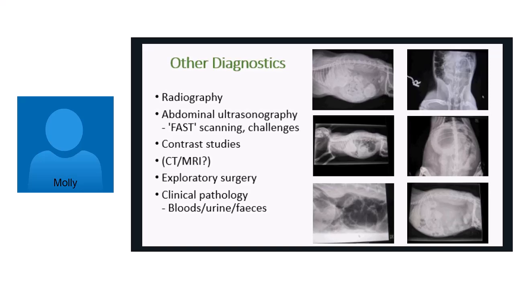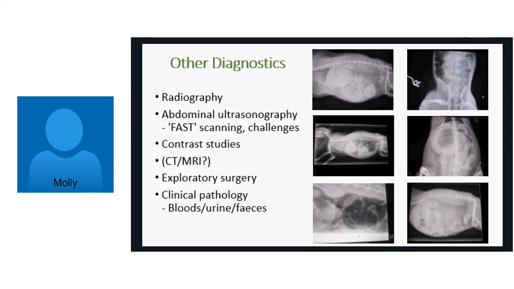And finally, if we get to the point where we're like, you know what, we are certain there's an obstruction, then increasingly I am more inclined to go for exploratory surgery fairly early rather than leave it as long as I can mitigate the issues that I've evaluated in terms of things like fluid balance and electrolyte status.